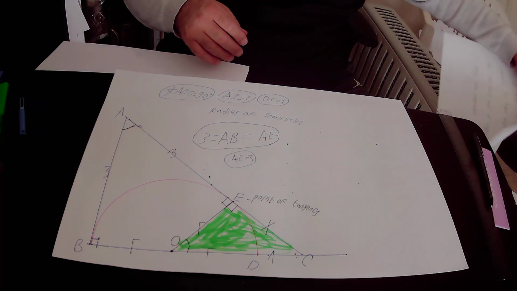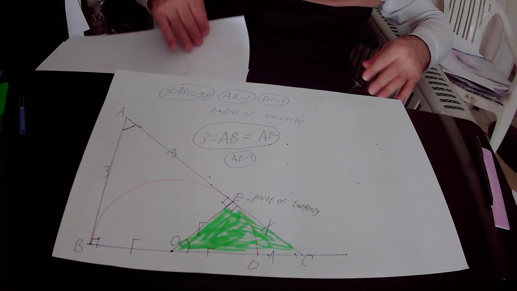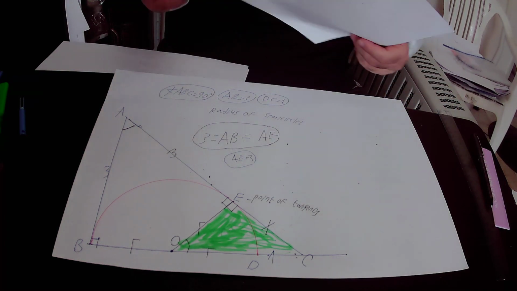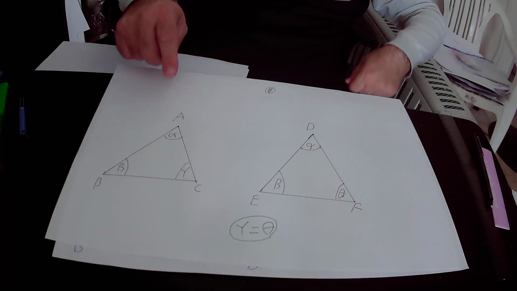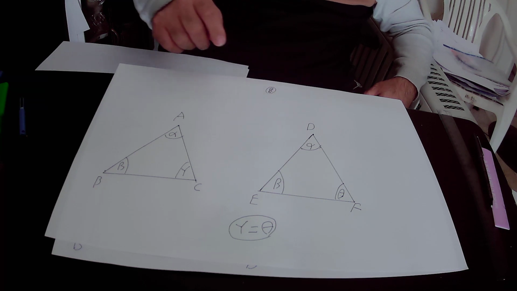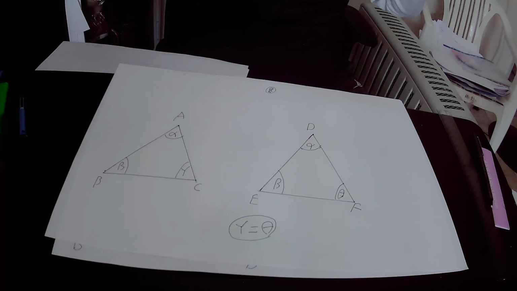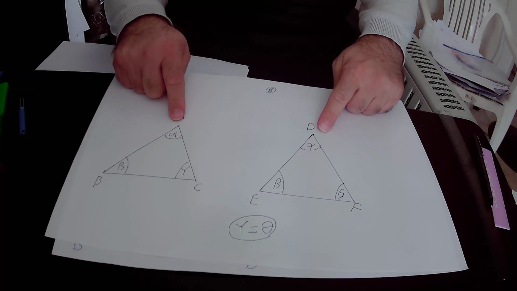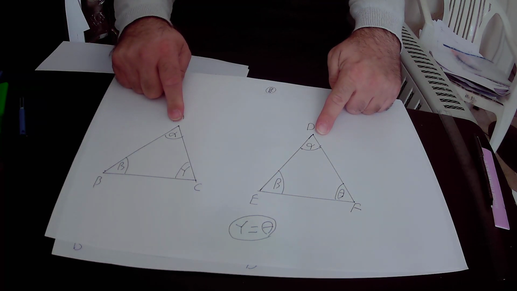So what is the meaning of rule number 3, the third angle theorem? The meaning is that if you have two triangles, this is triangle ABC, and this is triangle DEF. Those two triangles have two pairs of angles that are congruent to each other. This is the first pair of angles, they are both equal to alpha.